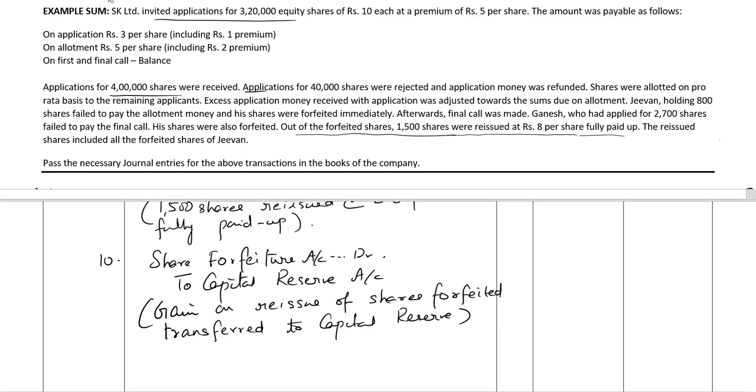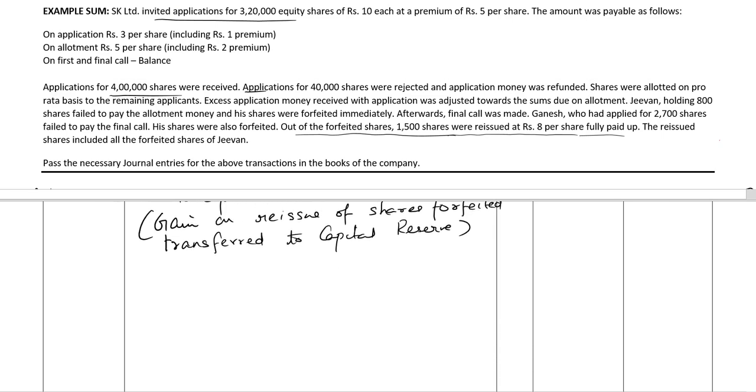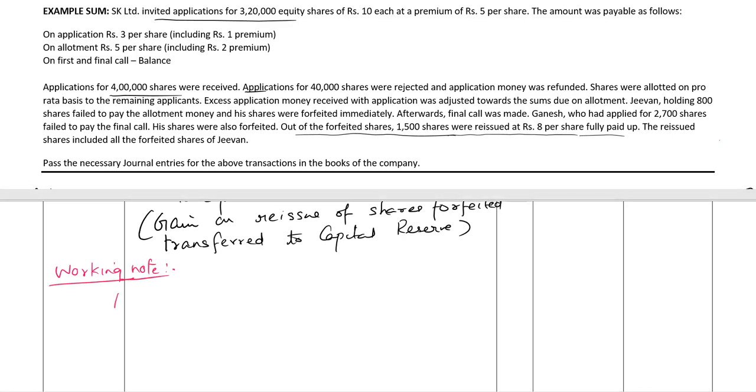Let's do the working notes for calculation of gain on the reissue of shares. We need to arrive at the amount received from the defaulting shareholder on the 1,500 shares reissued minus the discount on reissue.